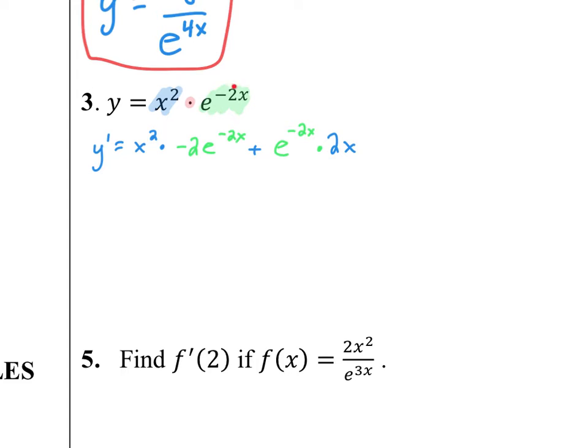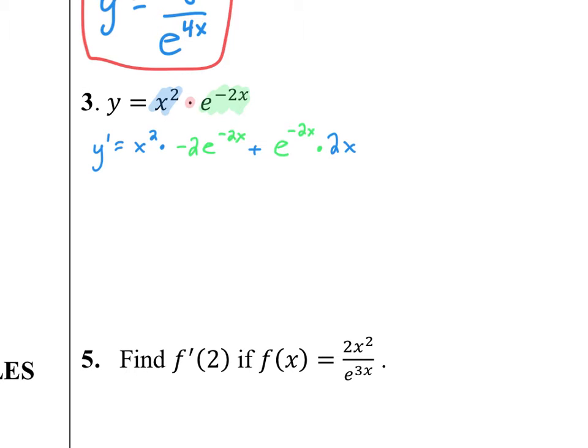So now I apply that exponential derivative rule, which is write down what you see, that's the e to the negative 2x, times derivative of the exponent, which is why this negative 2 is here, plus, and then the back half of my product rule is the second function as is, unchanged, times the derivative of the first, and my derivative of x squared is the 2x. As far as the derivative goes, that's all there is to it.